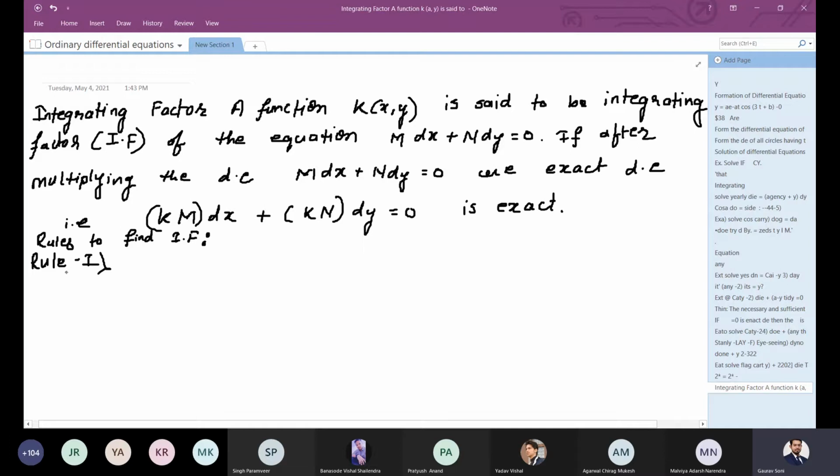Rule number 1. In each of the rules, you will have to identify the differential equation of a certain form, and then we can declare the integrating factor.